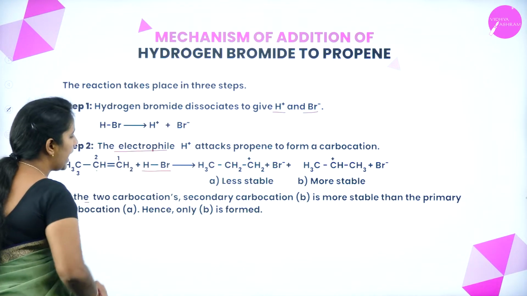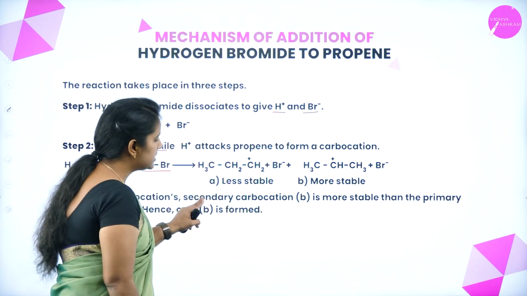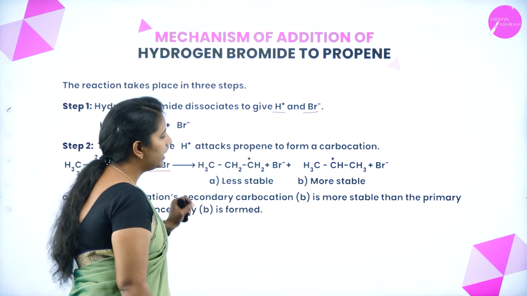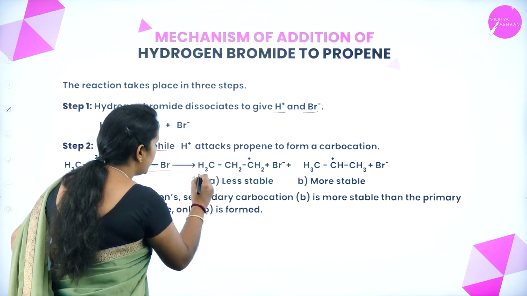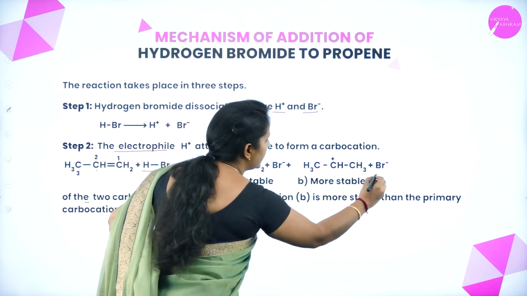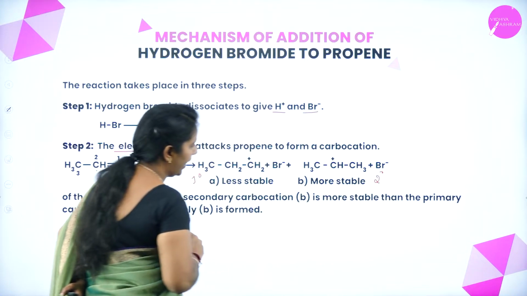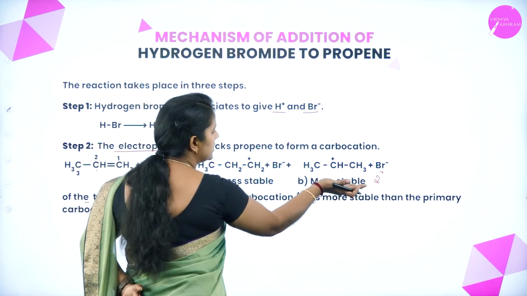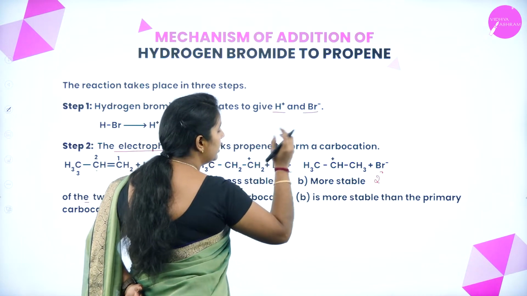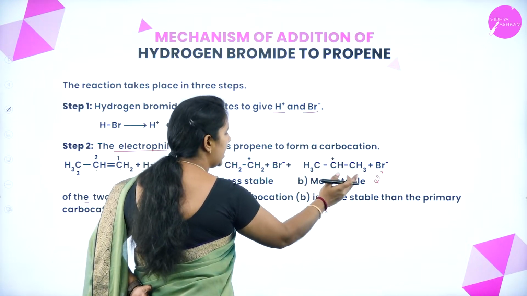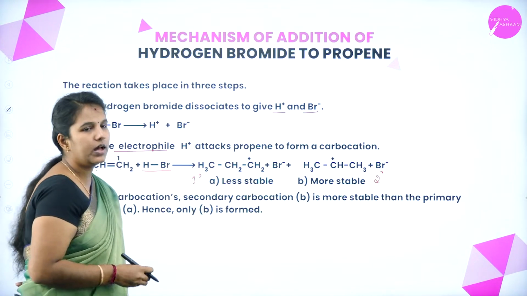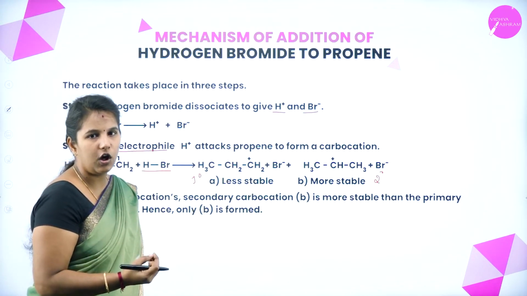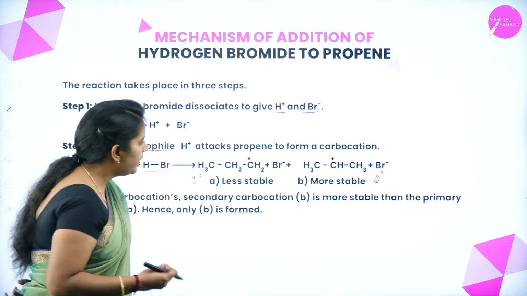One is known as a primary carbocation and the other as a secondary carbocation. This is the primary carbocation and this is the secondary carbocation. Remember, the secondary carbocation is more stable compared with the primary carbocation. How do we know that?